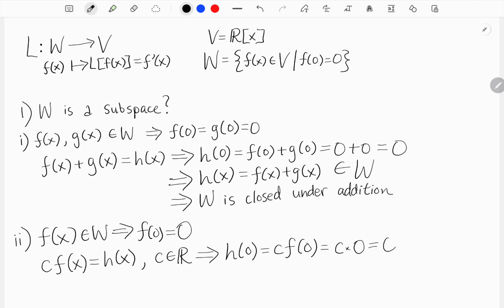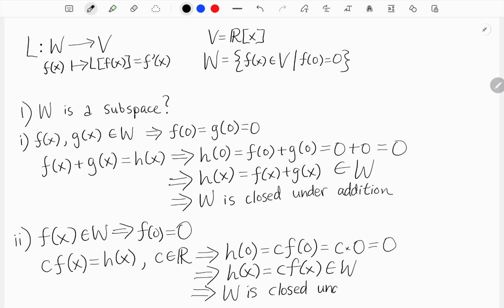Any number times 0 is 0. So this implies that h of x, which equals C times f of x, is in W, which implies that W is closed under scalar multiplication.